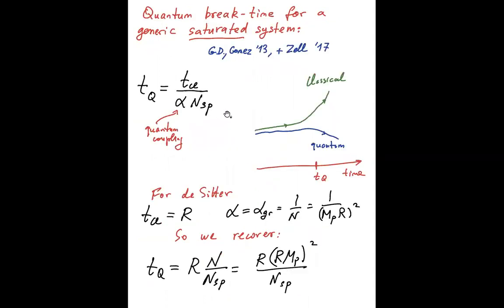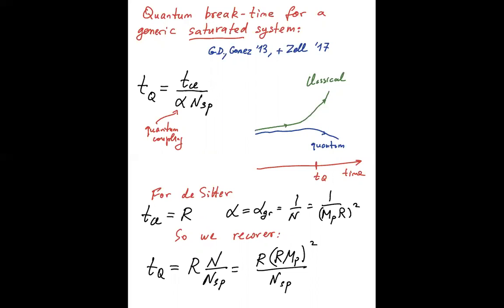Now, this quantum break time is a generic feature of saturated states, and this is very important. If we consider a macroscopic object, I don't know, a planet, for instance, or something else, or this chair, there is always some departure from classicality because of quantum effects, because of rescattering, etc. But this departure usually is not significant.